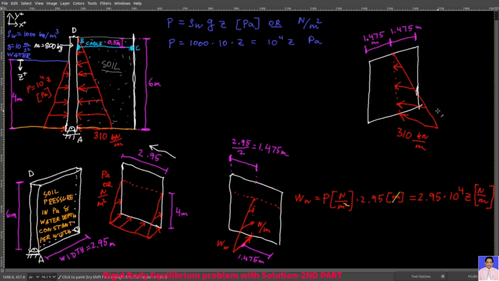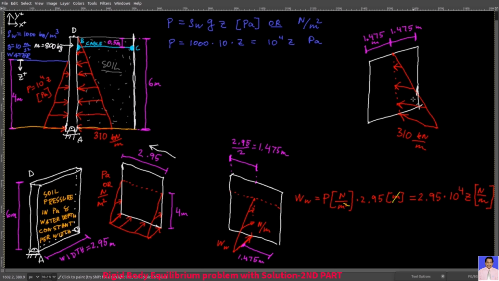And now, on the other side, we have pressure from the soil, but that was already given in pressure per unit length, in this case, kilonewtons over meter. It also acts along the vertical line in the middle of the wall.